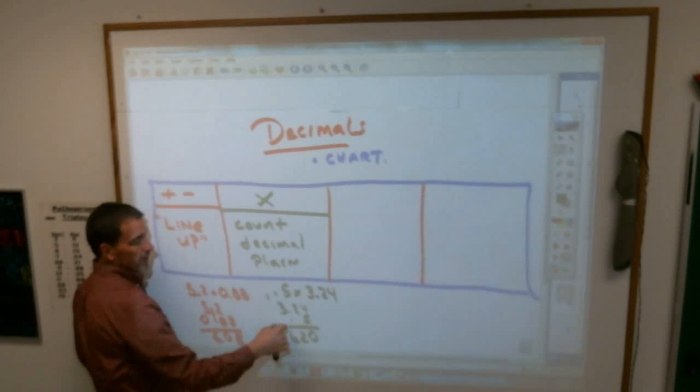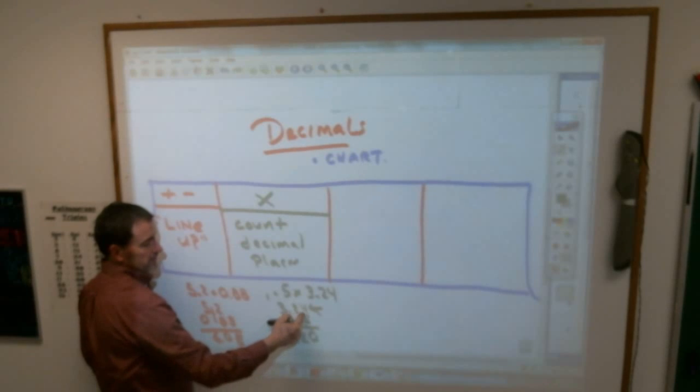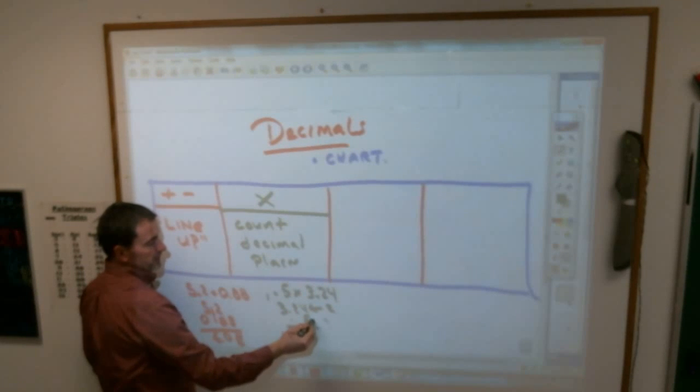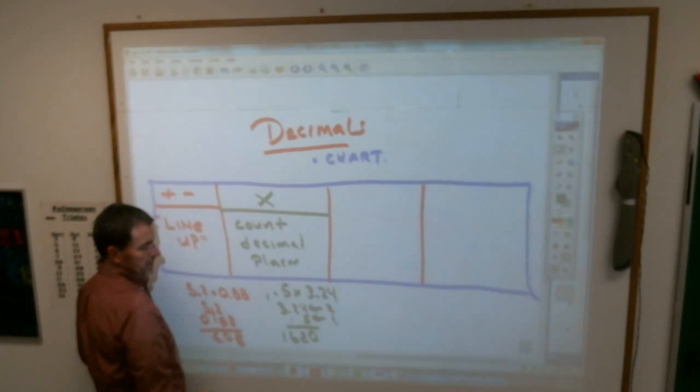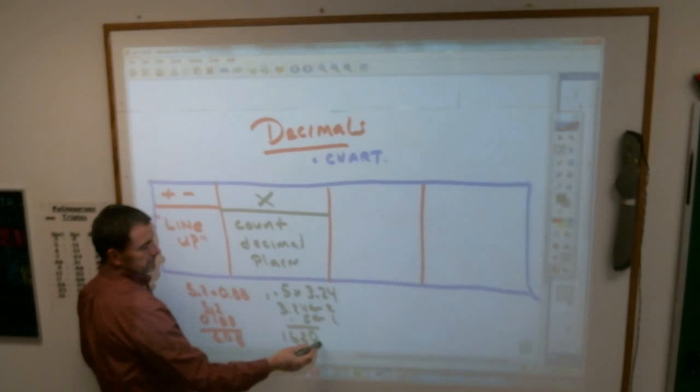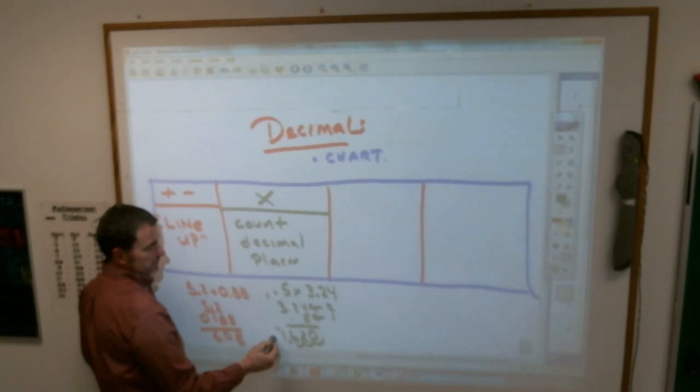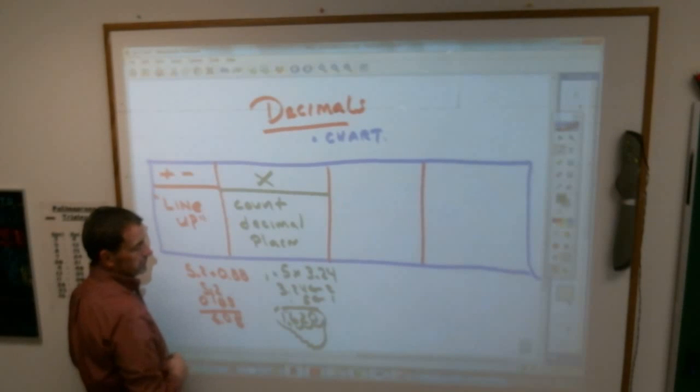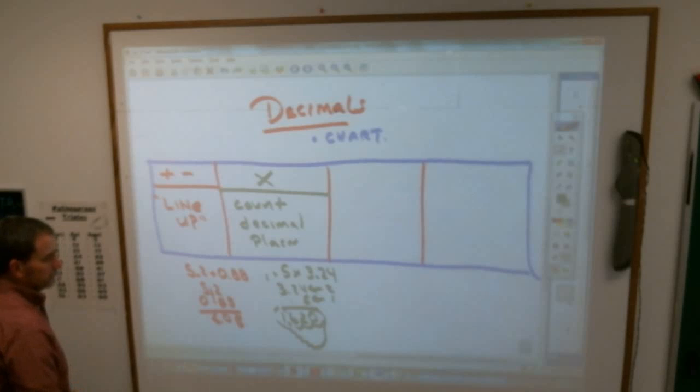Here's the difference though. You count how many decimal places there are here, which is 2, and there, which is 1, for a grand total of 3, so you move the decimal back 3 places. Count decimal places. Almost looks like Santa Claus.